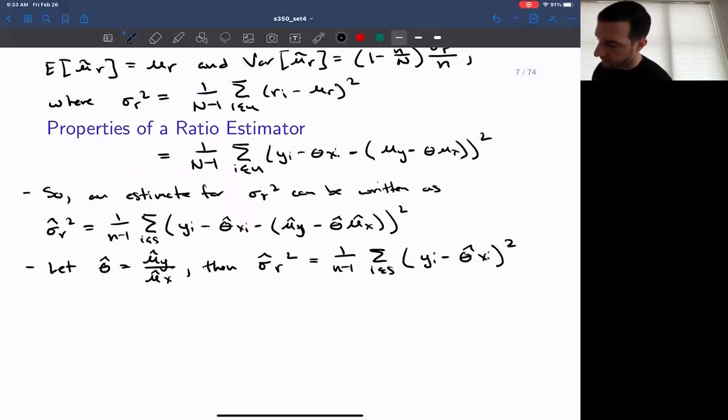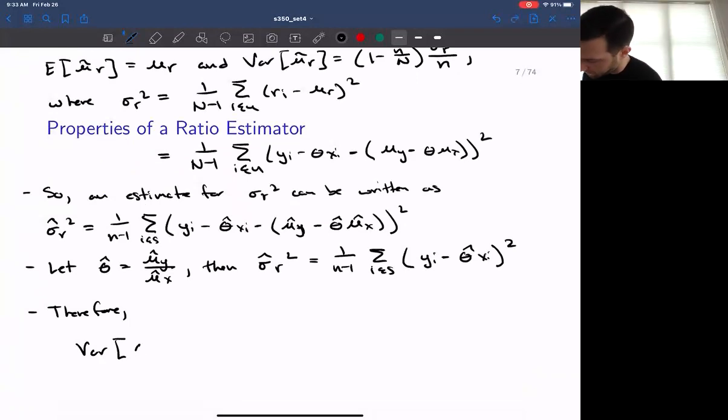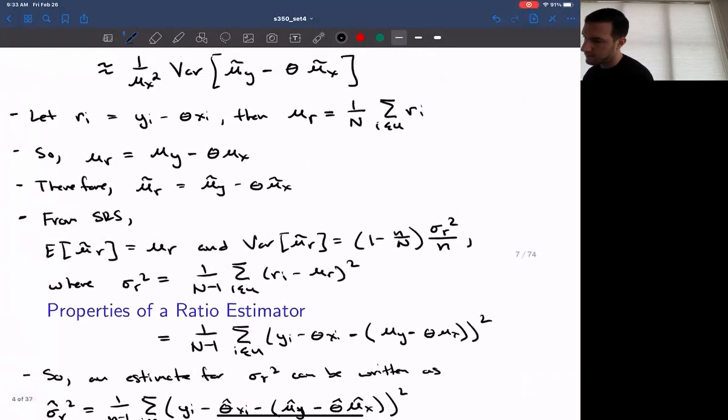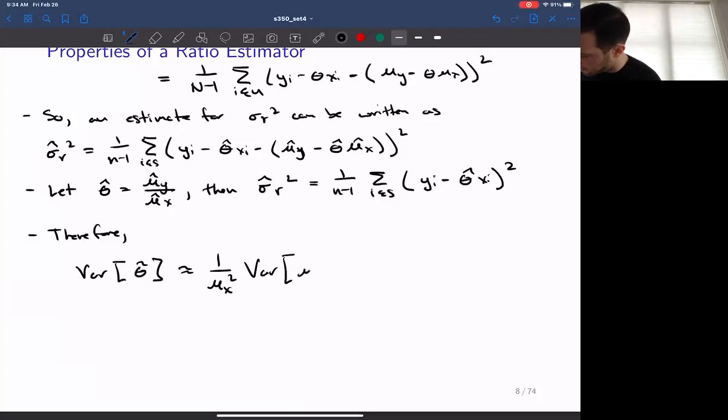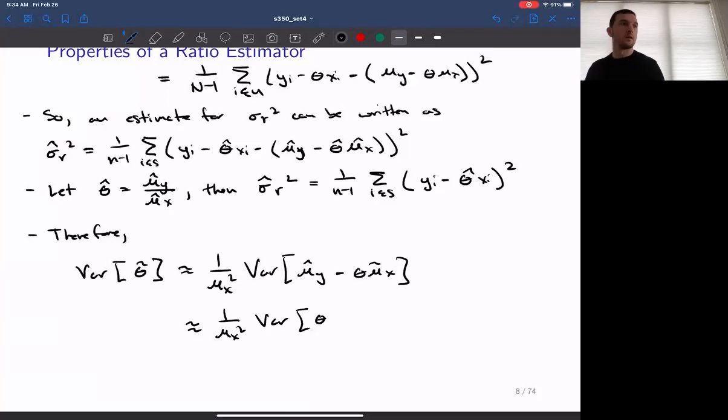All right, and now we can finish this off by saying, therefore, the variance of theta tilde is approximately 1 over mu x squared, multiplied by the variance of mu y minus theta mu tilde x, which is approximately 1 over mu x squared, the variance of mu r tilde.